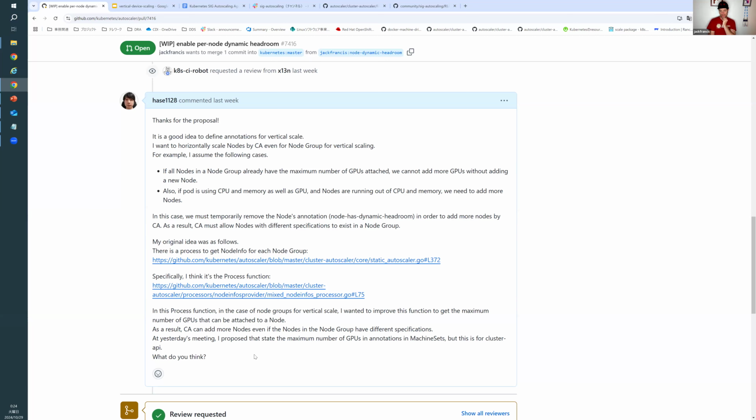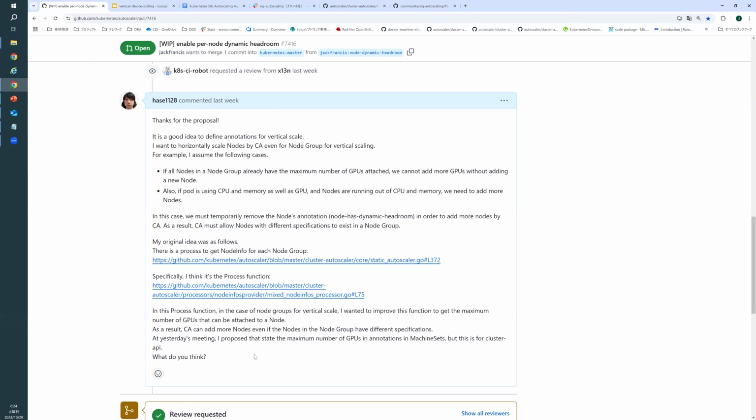Cluster autoscaler could then just consume it and trust that, oh, this annotation is here, so I'm not going to consider this node group for scale out, because I know that there's more underlying infrastructure here for vertical scale out. So that's really the extent of this change. Did that make sense, my explanation?